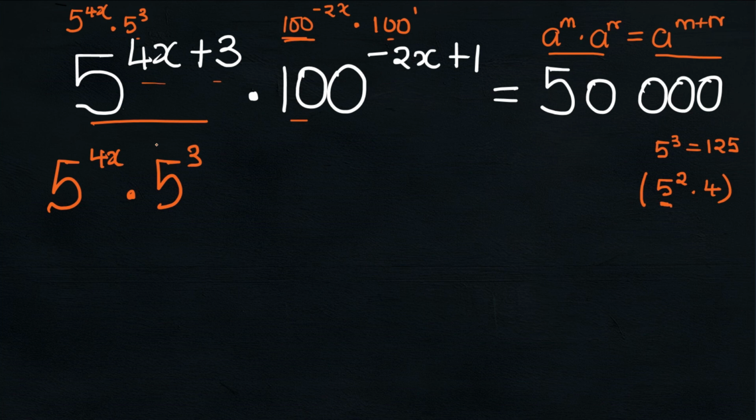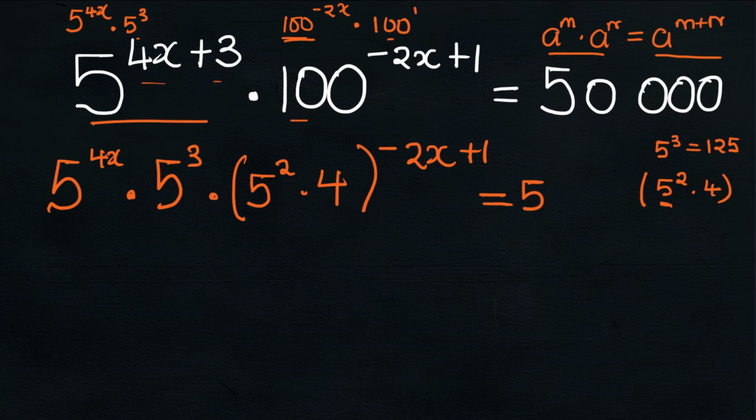So it is going to be multiplied by, let us write this in brackets, 5 to the power of 2 multiplied by 4, or you can write 2 to the power of 2, it is the same, and then to the power of minus 2x plus 1 is equal to 50,000.